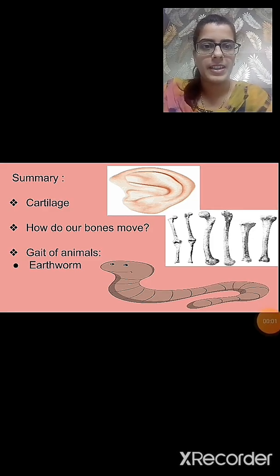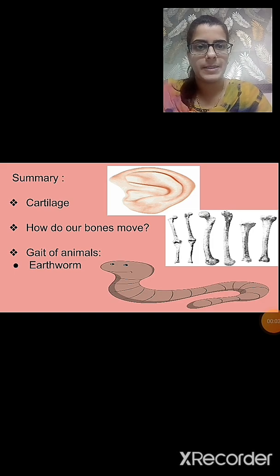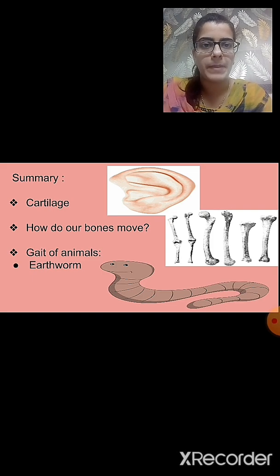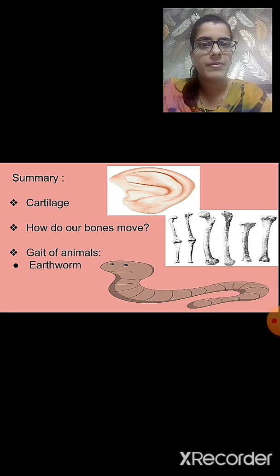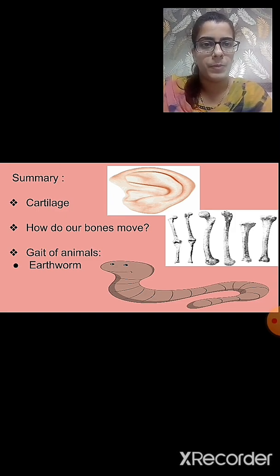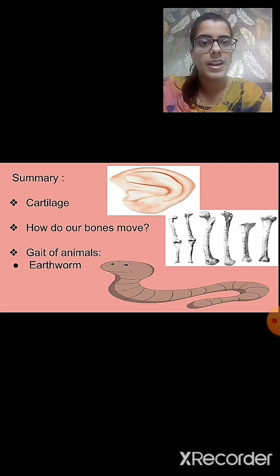Then we studied about gait of animals, that is the different movements shown by animals to move from one place to another. In that, we studied about the earthworm. How does the earthworm move? The body of the earthworm is made up of many rings joined from one end to another.